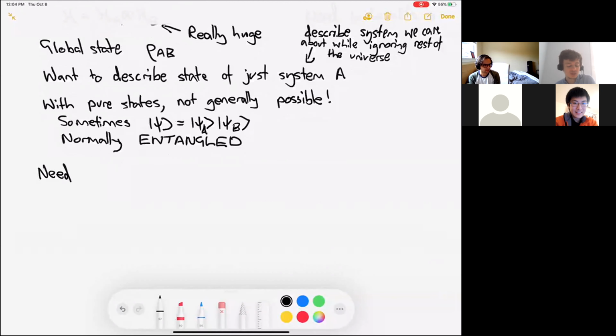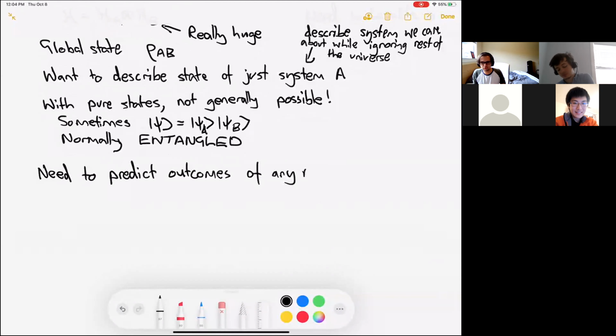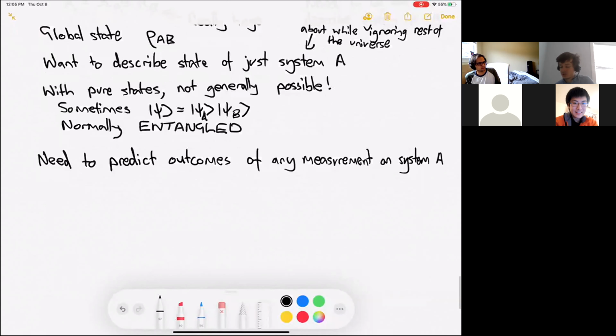So what we want to be able to do is predict outcomes of any measurement that's just on system A. So how does that measurement work?